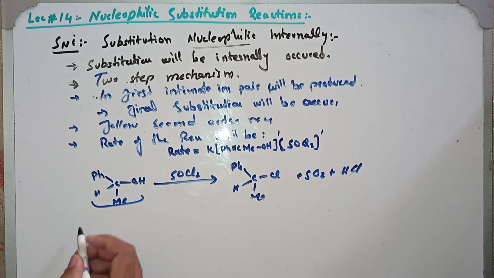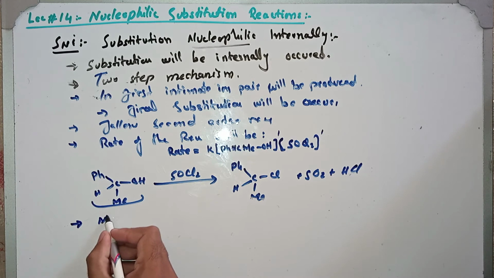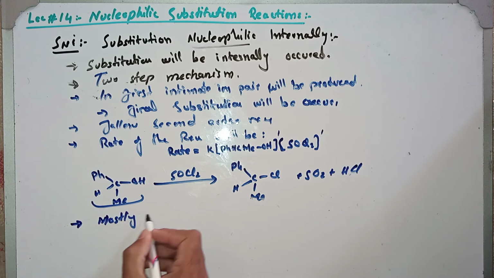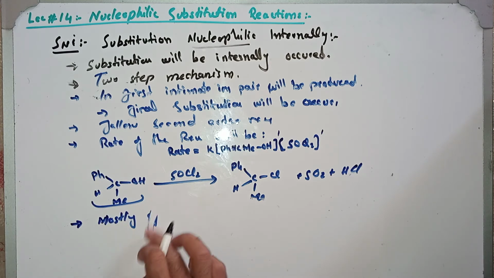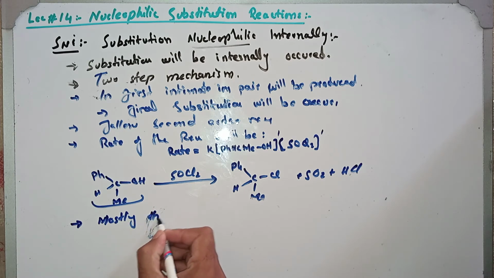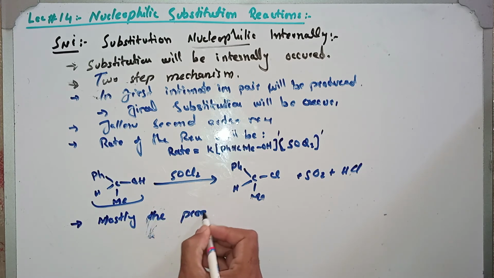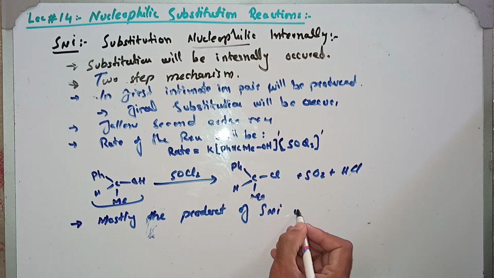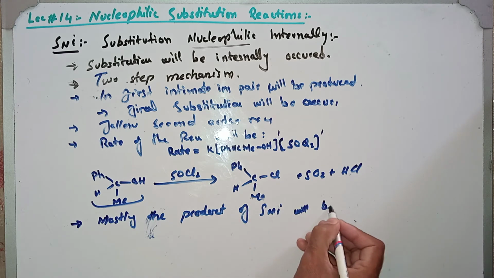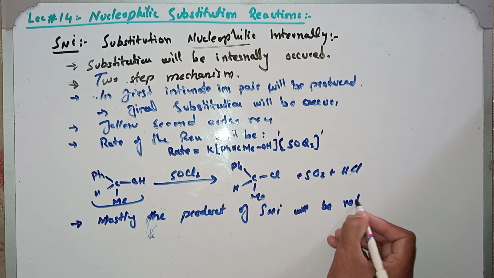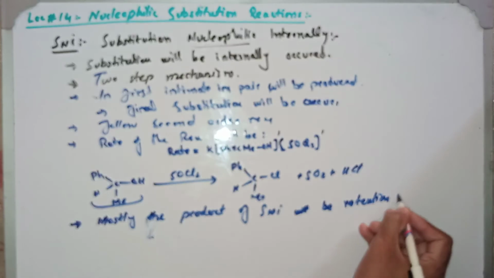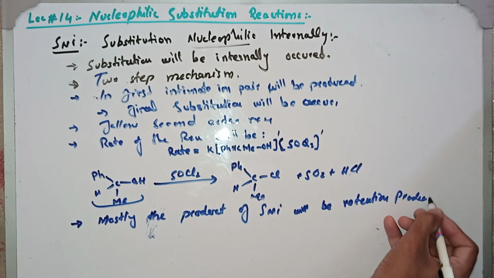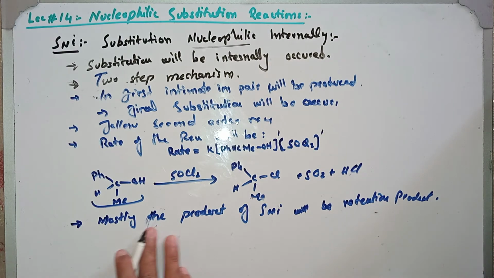And also, mostly the product of SNi will be the retention product, in most cases.